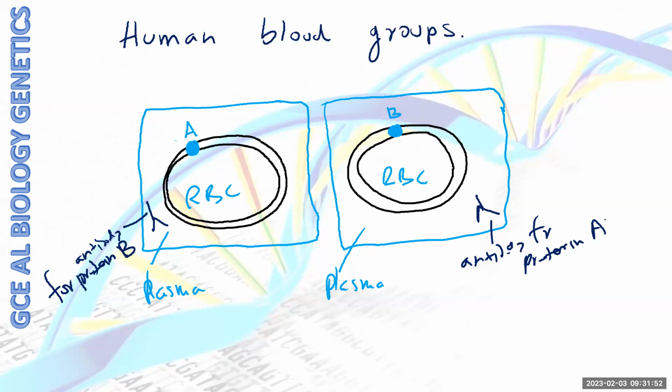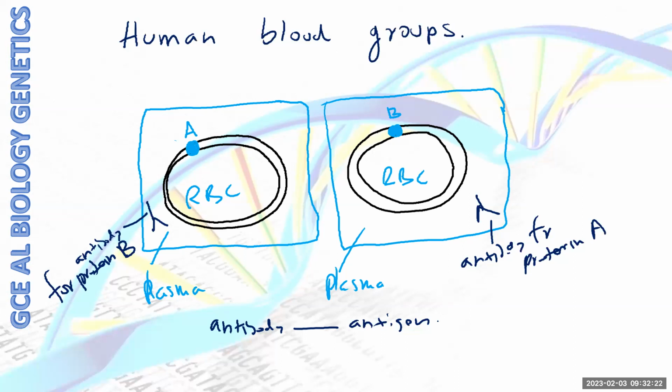Now, what we have to understand from immunity is that antibodies can bind with antigen, because an antibody has a binding site for antigen. What is the importance of binding, and what happens next, will be explained in the immune system.